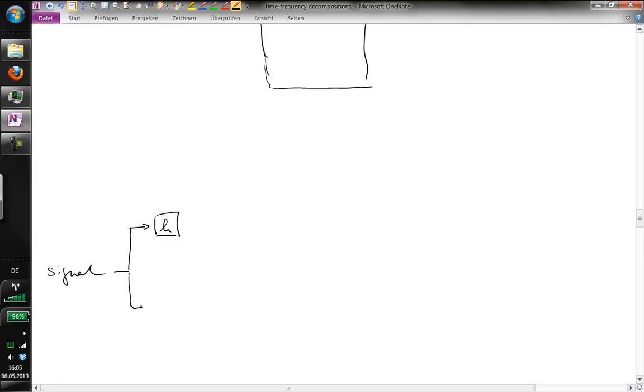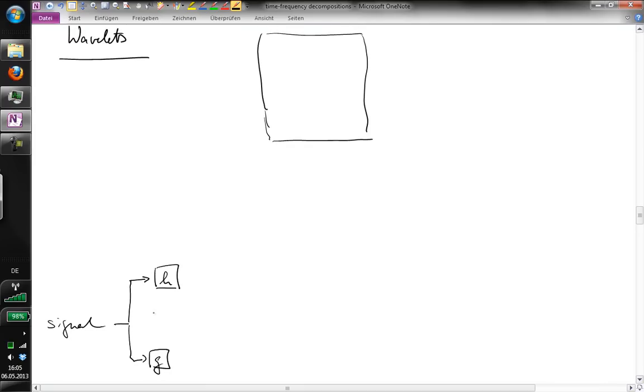I'm using H here for high pass and G for low pass. But note that other people use the convention which is the other way around. And if I do so, I will somehow split my signal into parts.